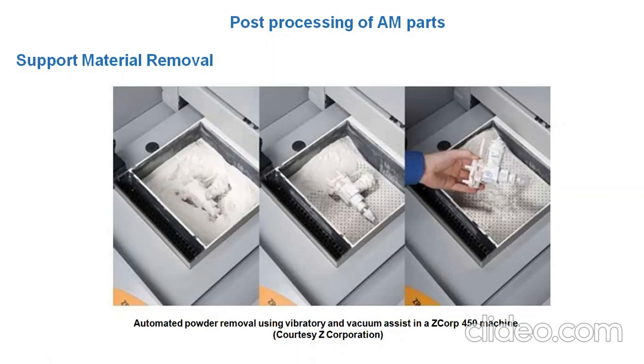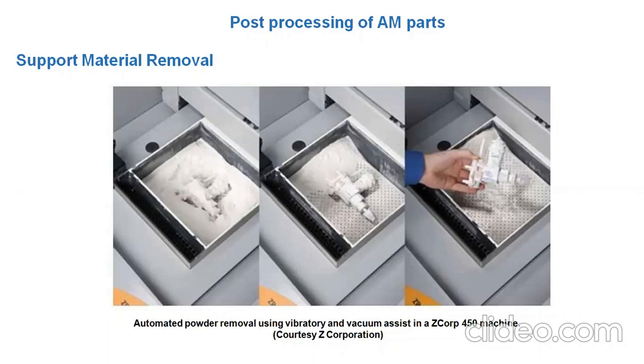Now, automated powder removal is vibratory and vacuum assisted. Means you are providing vibratory motion to this part, and it removes the particles or the powder which is placed over your component, which sticks to your component. We are providing vibratory plus vacuum to this part, and it is removed from your workpiece.